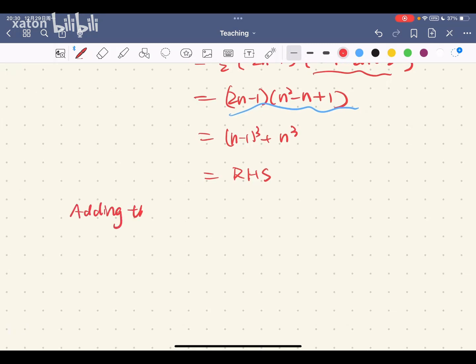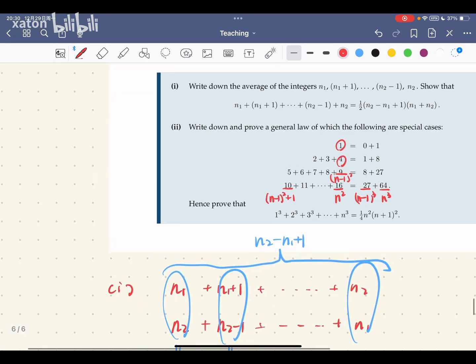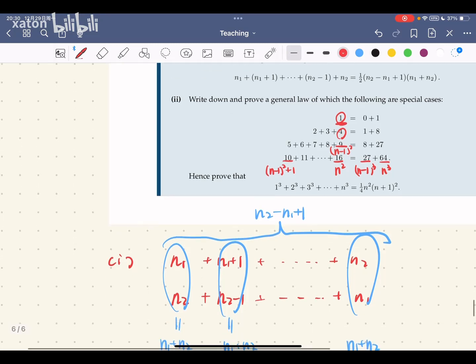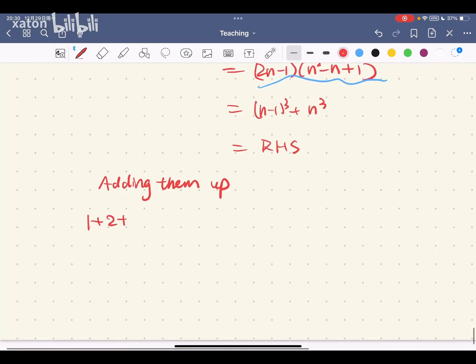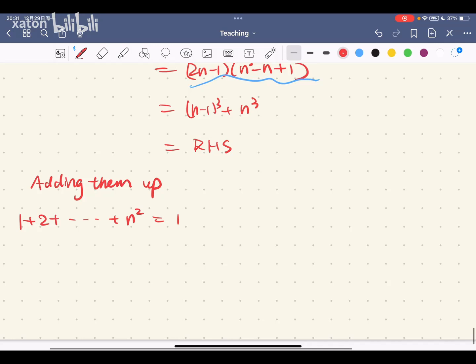Adding them up. On the left-hand side we get 1 plus 2 plus 3 plus 4 plus, until n squared plus, until n squared. On the right-hand side we have 0 plus 1 cube plus 2 cube, up to n cube.